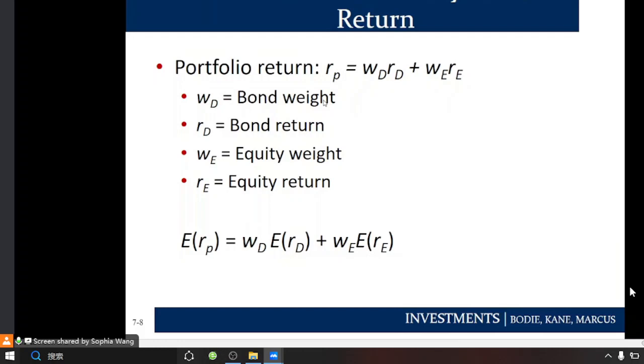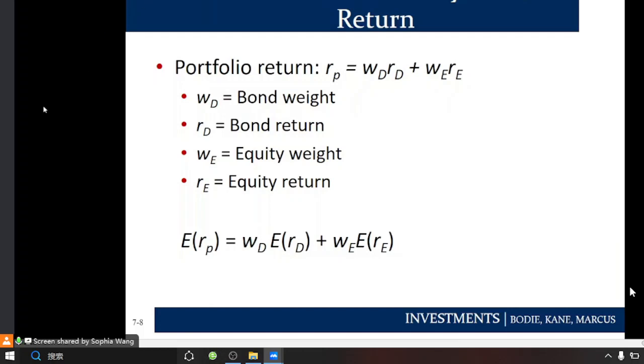Suppose there are 2 risky assets. One is a bond, another is equity. Maybe the bond is a long-term bond. If it is a short-term bond, I think most of them are risk-free assets. But if the bond is long-term, in most cases, because the time is too long, we can say it's a risky asset.